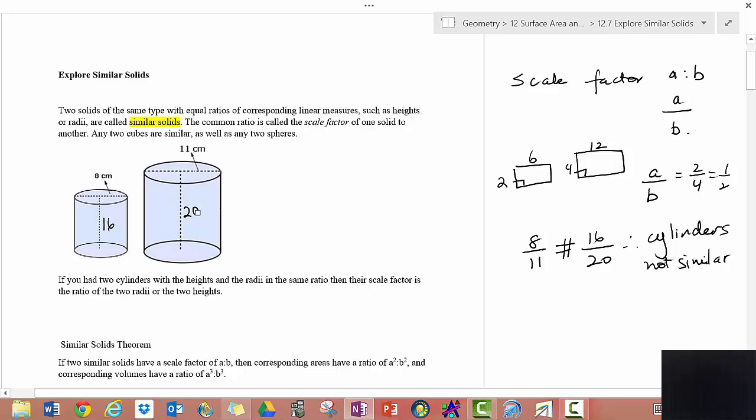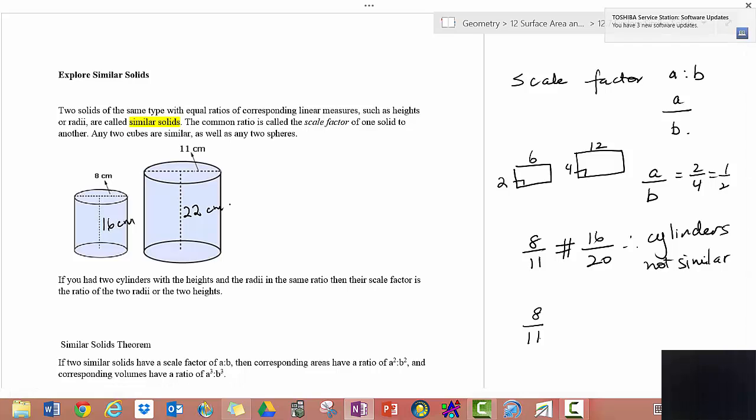What if, and of course we should include the units. So now I have the situation where I have 8 over 11. Notice you go from one cylinder to the other. You don't do 8 over 16 equals 11 over 22.